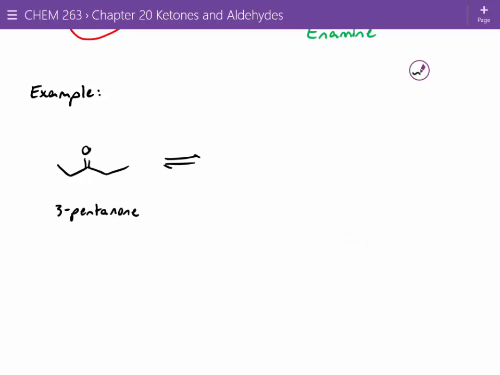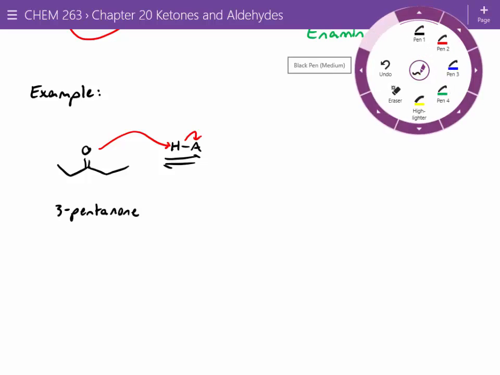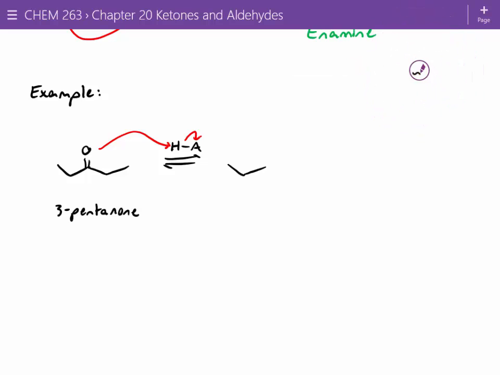And in the first step, we're going to react it with some acid. Actually, let's do HA. Kick off our conjugate base. All right, and this time we're going to use diethylamine as our nucleophile.